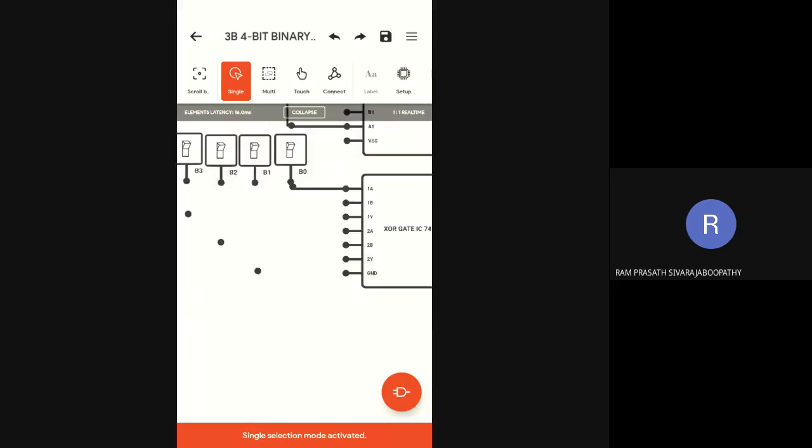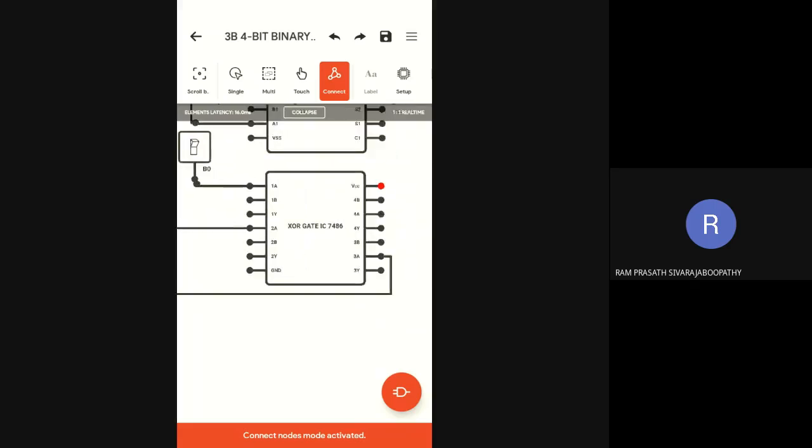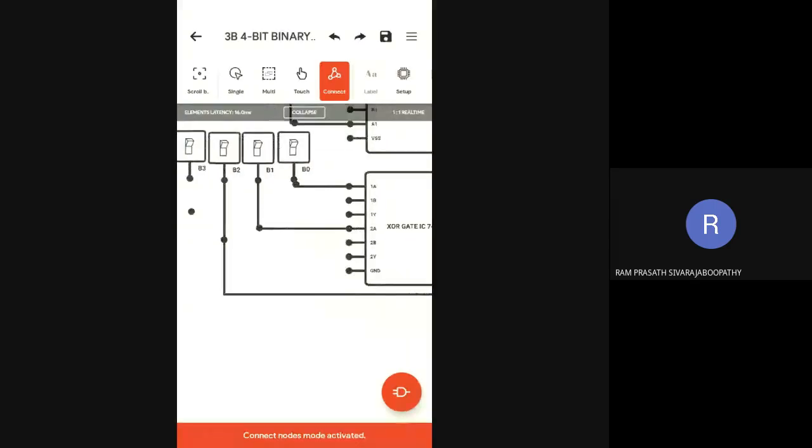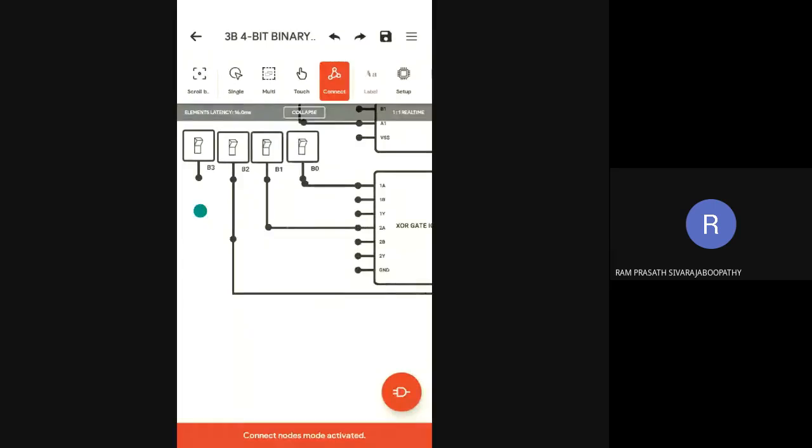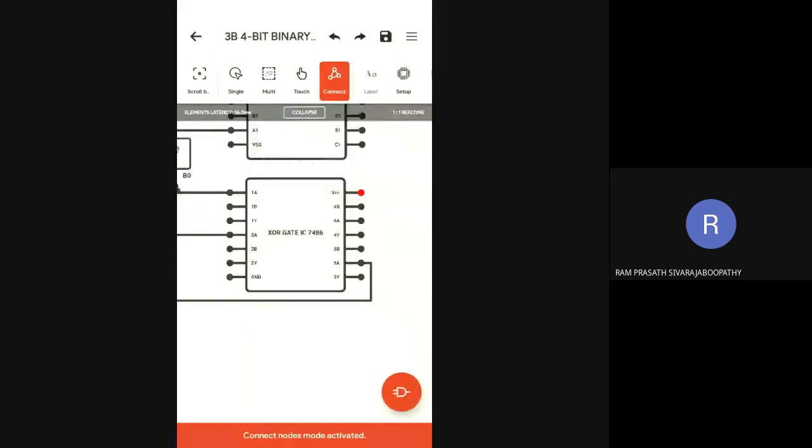Fine. So next I am going to connect the second input B1 to 2A. I connect to 2A. Fine. Then the third input B2, where am I taking it? I connect it to 3A. Fine. Then B3, where am I going to connect it? I connect it to 4A.